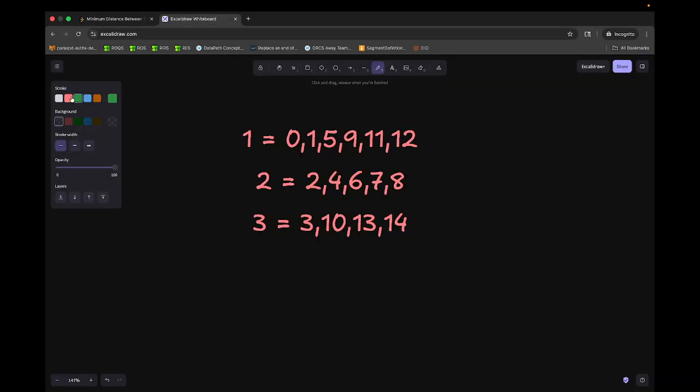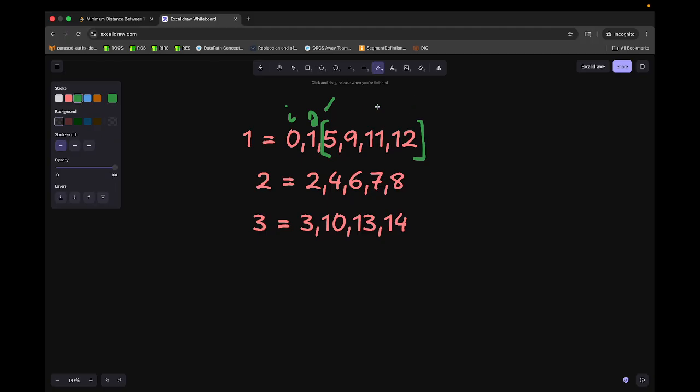Now we need to pick three indexes. How should we pick them? Let's say I pick this index as i, and this index as j. Now I have the option to pick k from all of these indexes. I can choose this as k, this as k, this as k, and this as k.